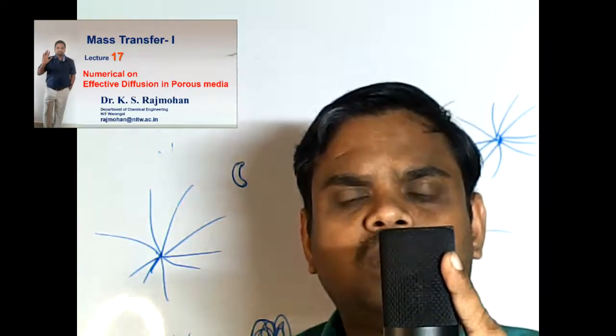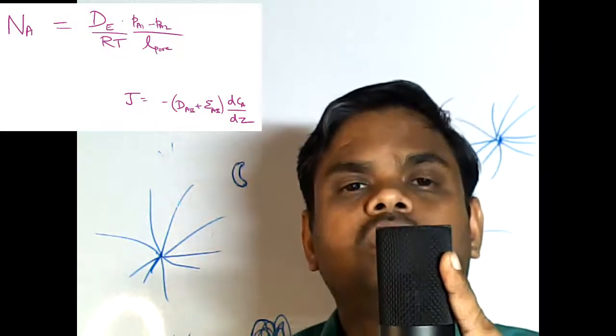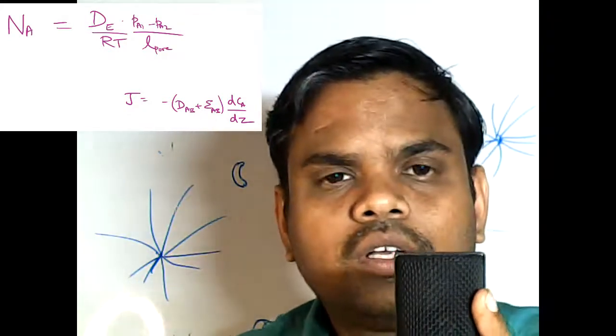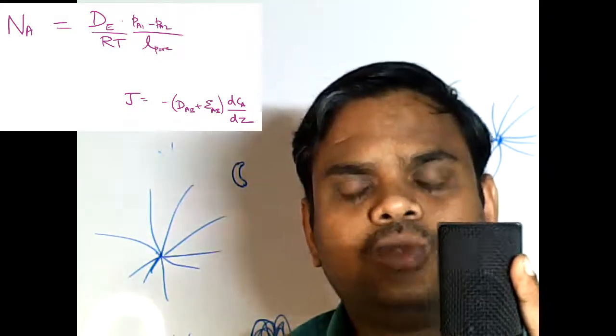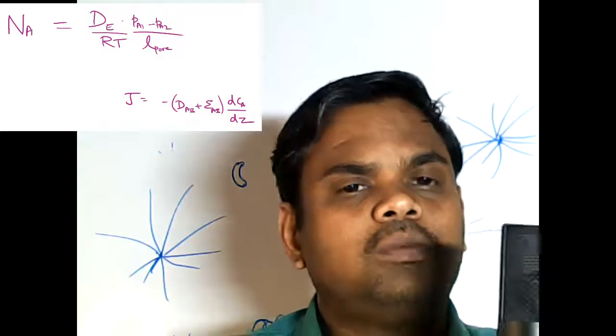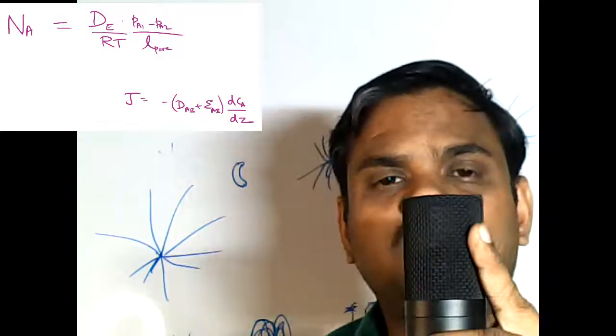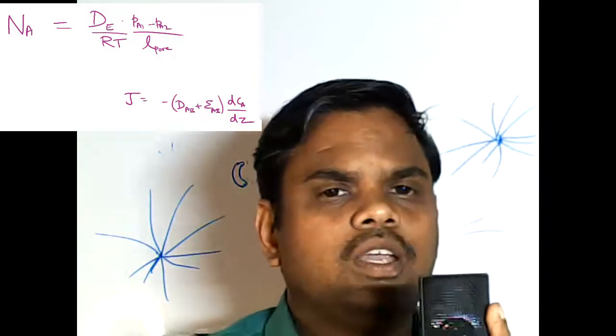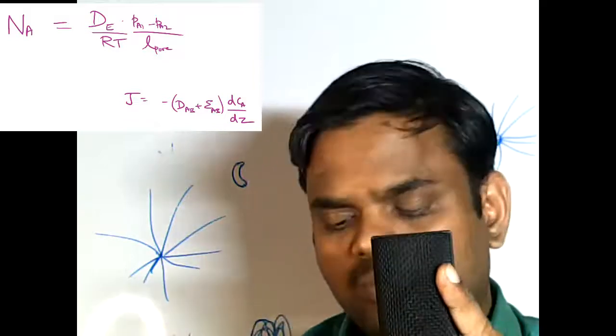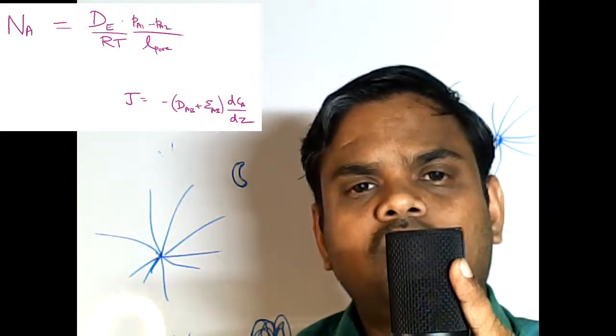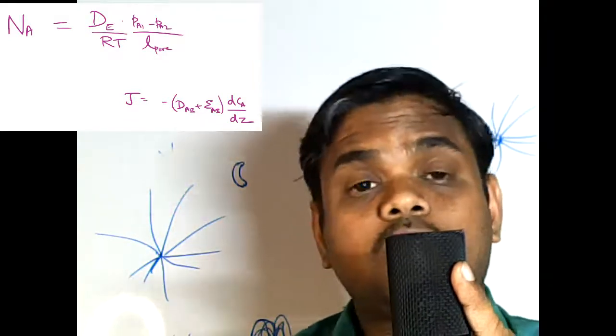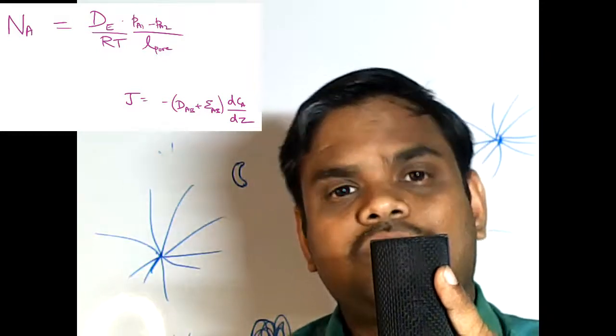In module number 2 we are going to discuss convective mass transfer. So far whatever we have discussed is all about molecular diffusion or Knudsen diffusion. In the next module, when we are moving away from molecular diffusion, we should know the difference between molecular diffusivity and eddy diffusivity.